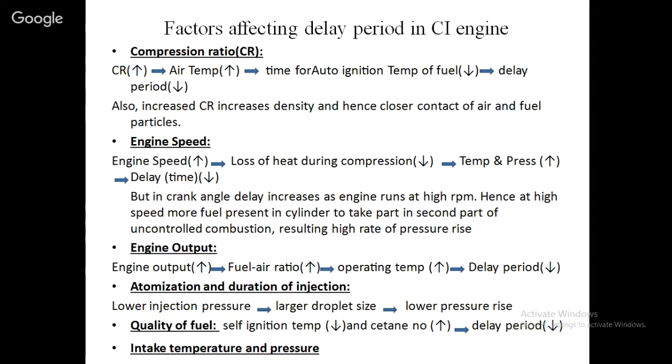Suppose we take two engines, in which one has more compression ratio and another has less compression ratio. High compression ratio means the pressure and the temperature both are more.